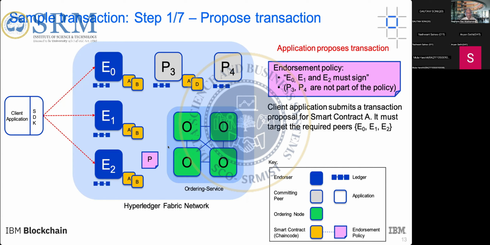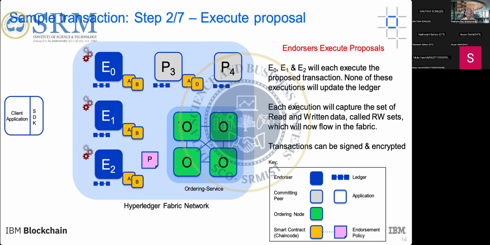So in this case, let us say that the transaction is sent to the endorsement nodes. Endorsement nodes will verify the transaction according to the logic of the smart contracts. And if the transaction is valid, they will execute the transaction, right?